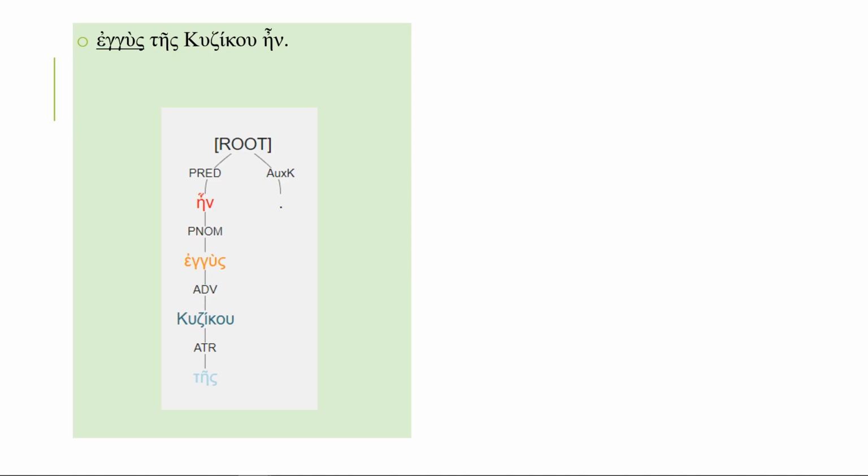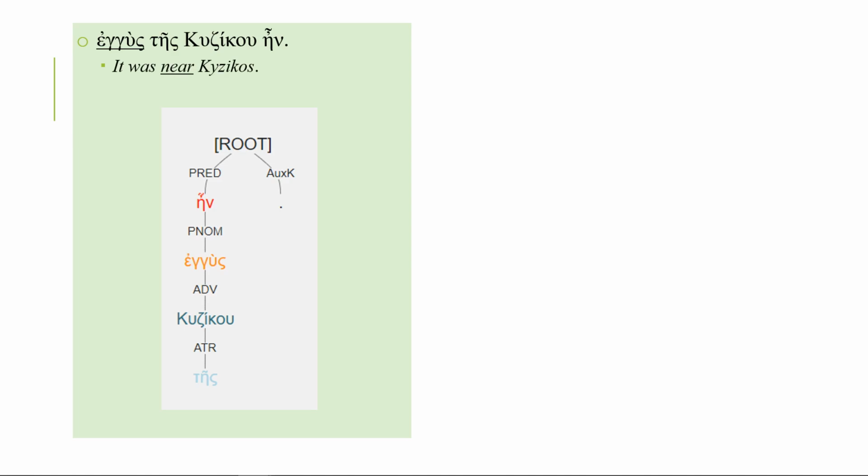So he was near Cyzicus. He was nearby Cyzicus, near of Cyzicus, because engus often occurs with a genitive. One could even argue it becomes a preposition. There's a fine line between prepositions and adverbs. Just a question of how often this happens, because prepositions all begin as adverbs. So it or he was near Cyzicus.